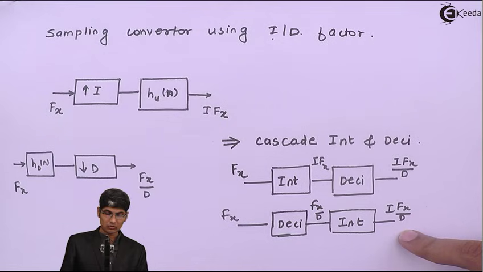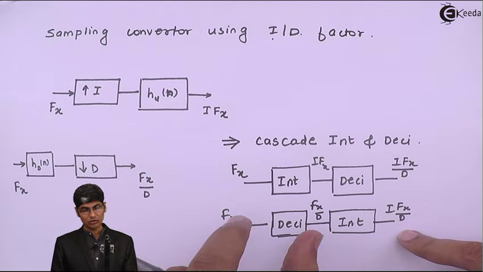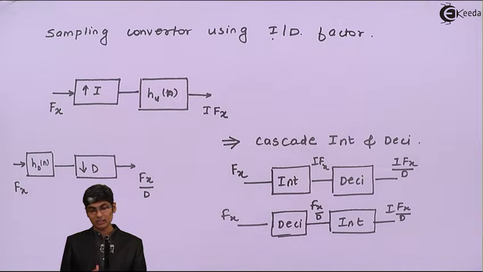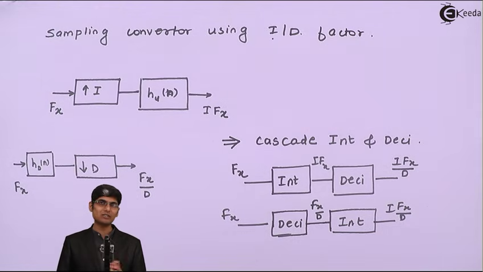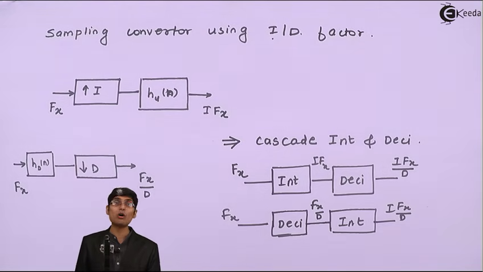So every time, to choose the combination, we need to understand the basic methodology of the spectral analysis, or the frequency domain analysis, of the interpolator and decimator. We know that in the interpolator the spectral quantities, or the signal, is preserved, because when we upsample, the signal just gets compressed in frequency. It will not change its shape at all.